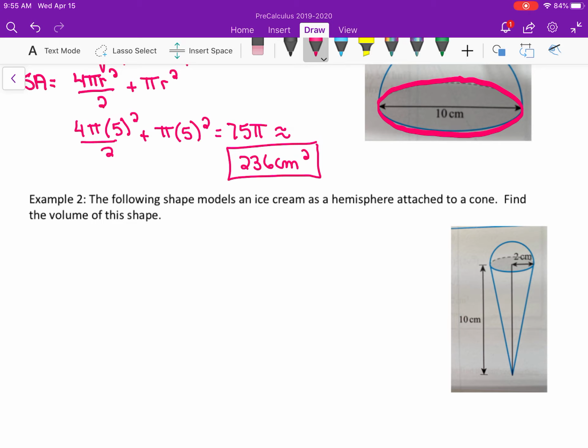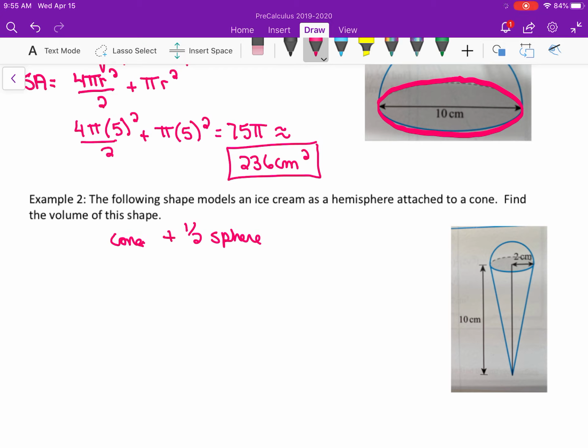All right, so we need first of all a cone plus half a sphere. And we're doing volume.